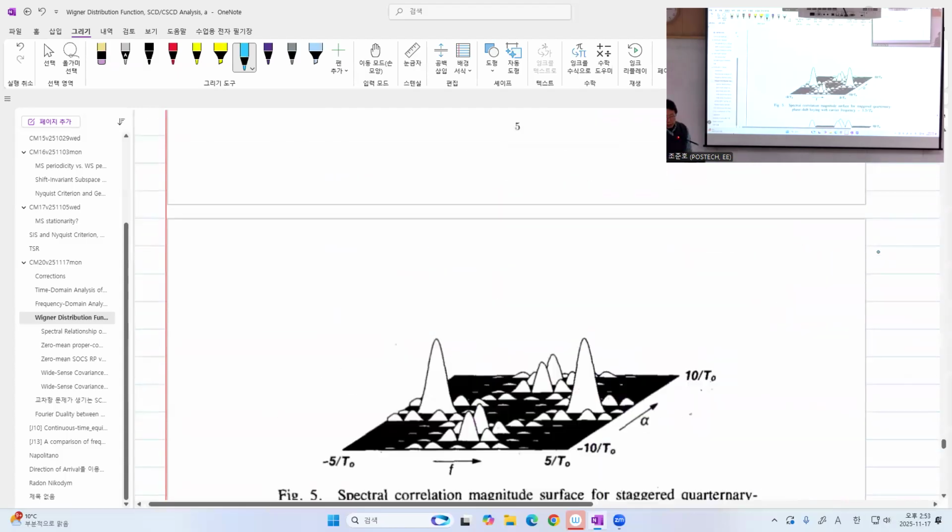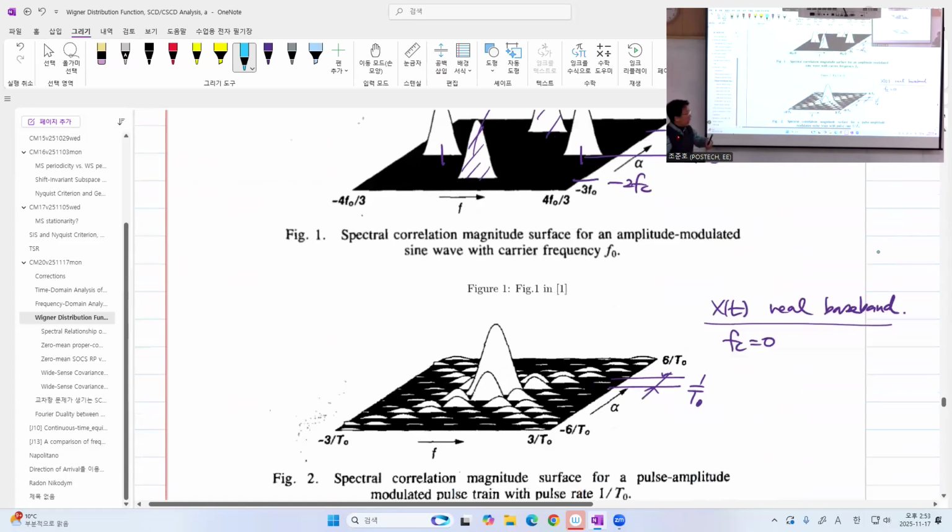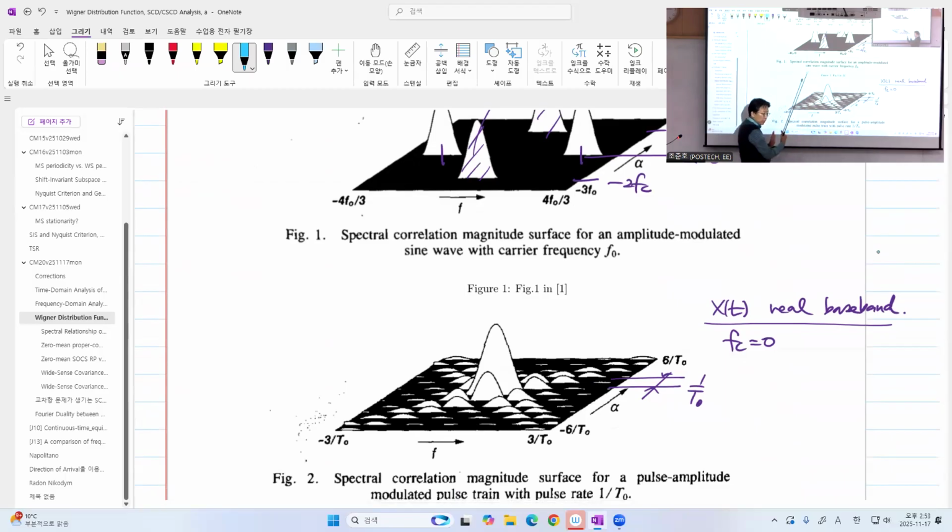That's why whenever you have cyclostationarity, in this alpha direction you have impulse phases spaced by integer multiples of 1 over T. Got it? So just by taking a look at the real bandpass random process's spectral correlation density, you can identify whether there is cyclostationarity or not.